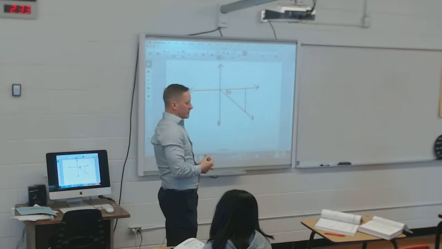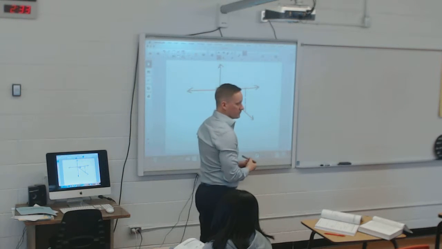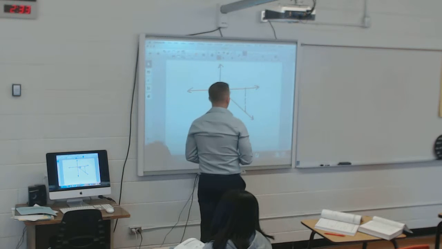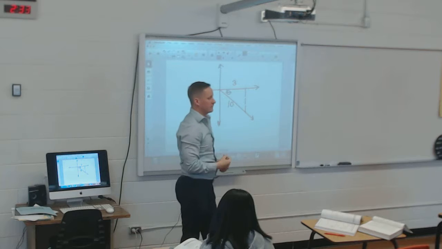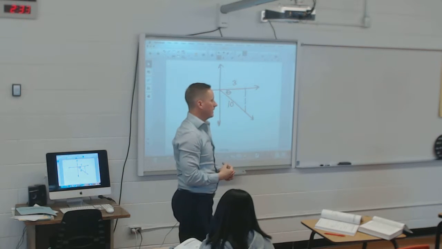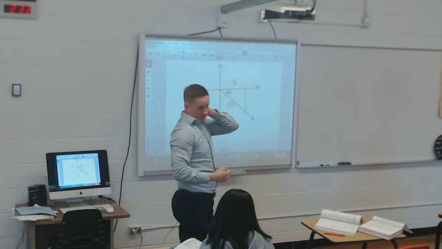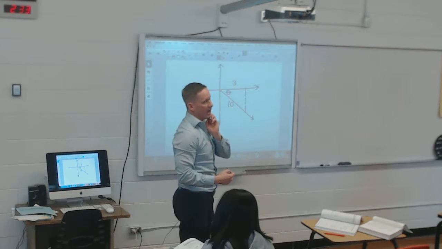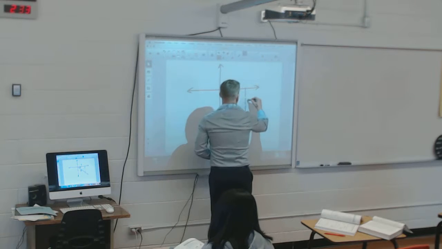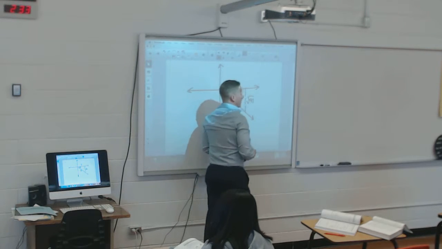Okay, so what's the cos ratio? 3 over 10. Okay, let's find the other side. So 100 minus 9, square root of 91. Leave it at square root 91.